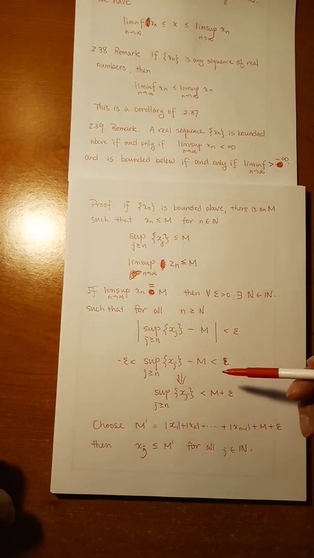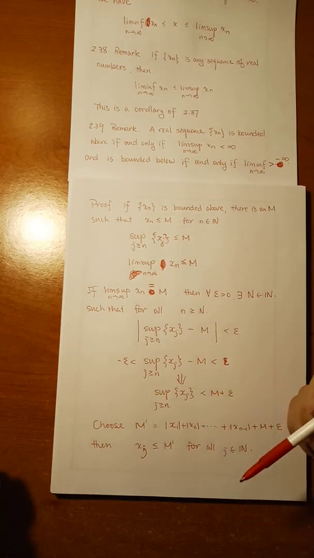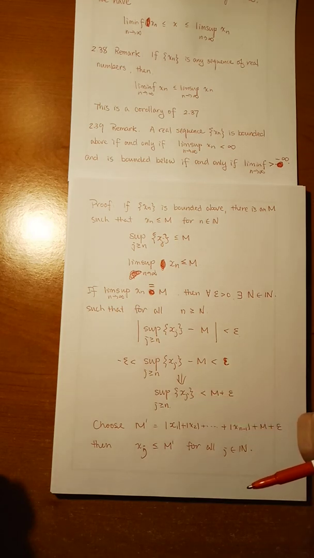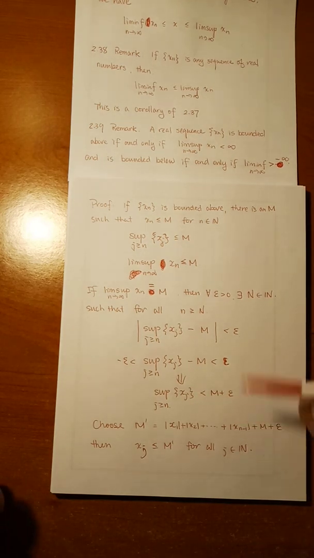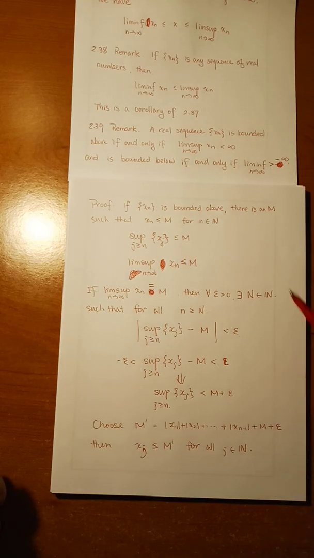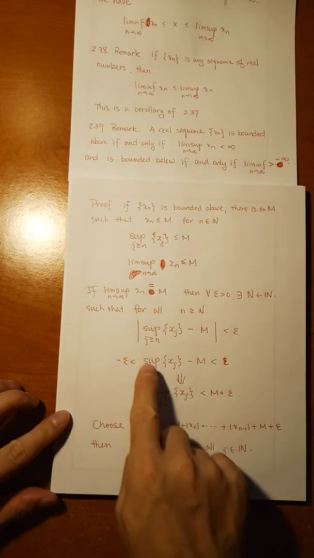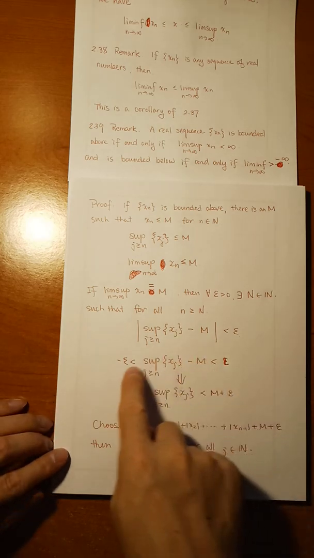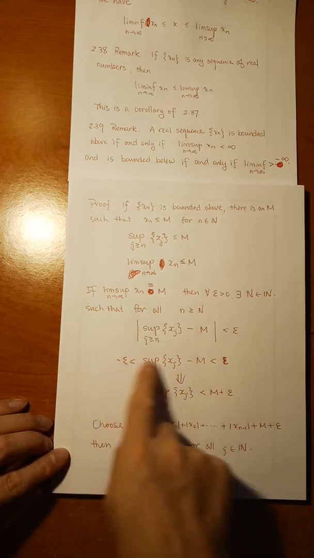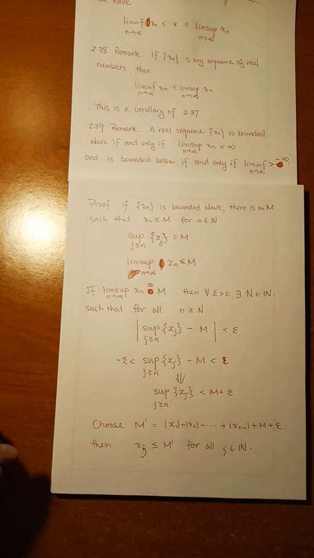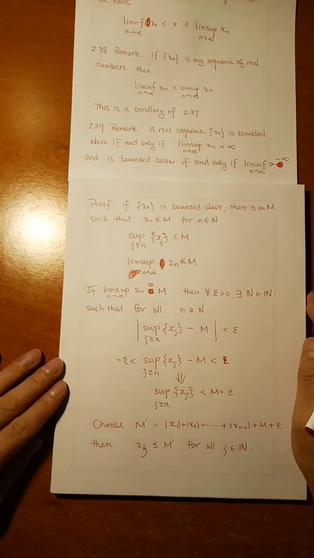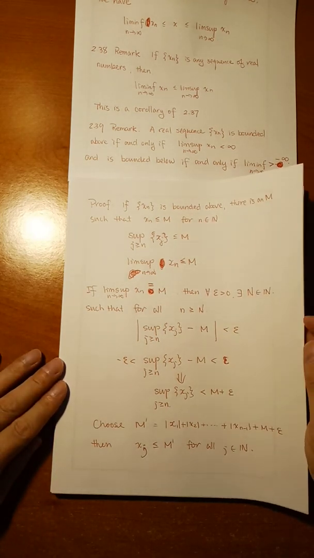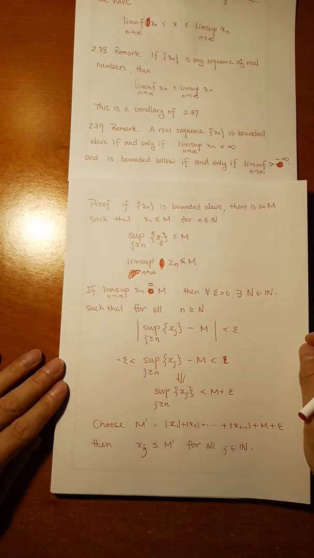You can also get bounded below from the lim inf result. You are going to go through it by yourself. It is not difficult, very short and straightforward. And actually, if you use the lim inf, you're going to use the left inequality. All right? Okay. So this is Remark 2.39.